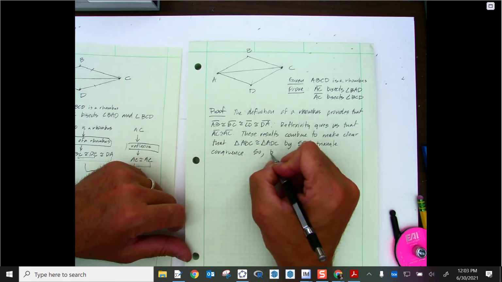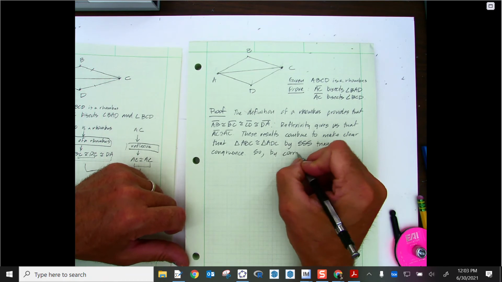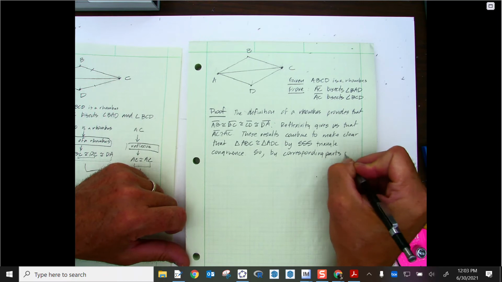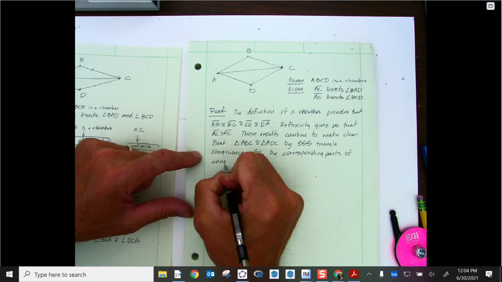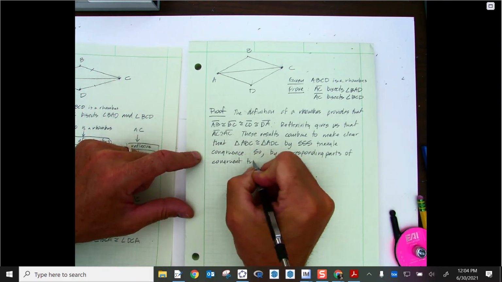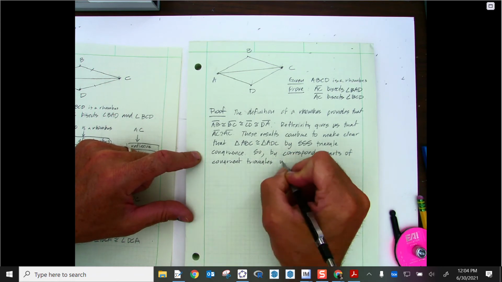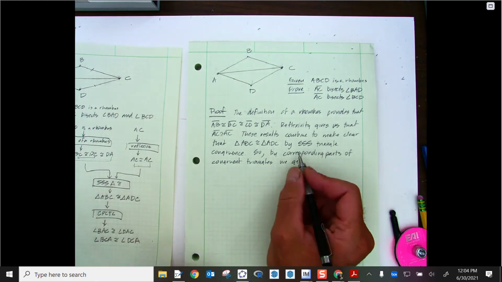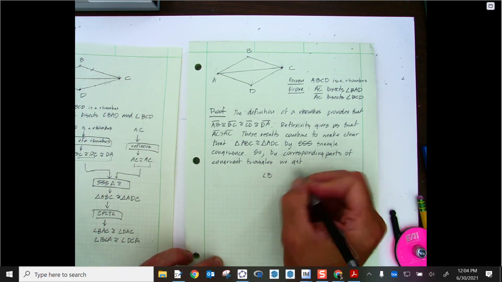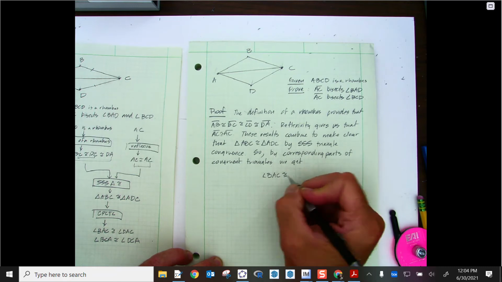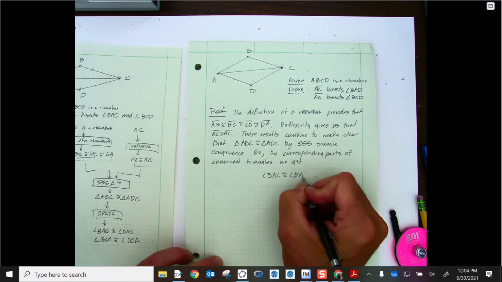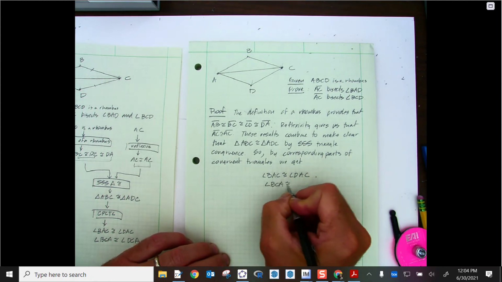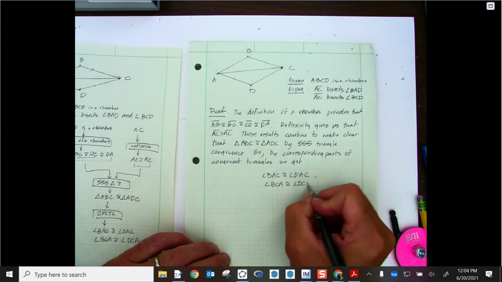So by corresponding parts of congruent triangles, we get angle BAC congruent to angle DAC, and angle BCA congruent to angle DCA.